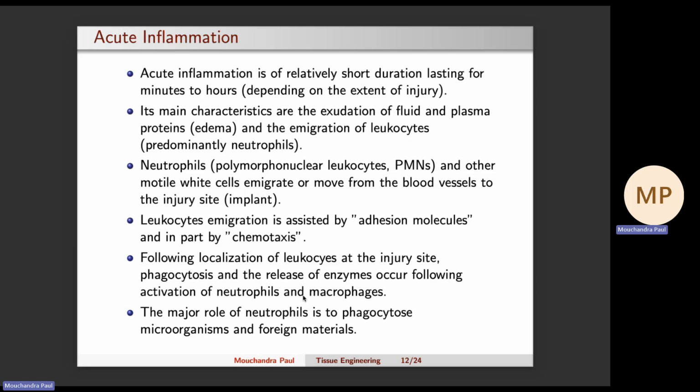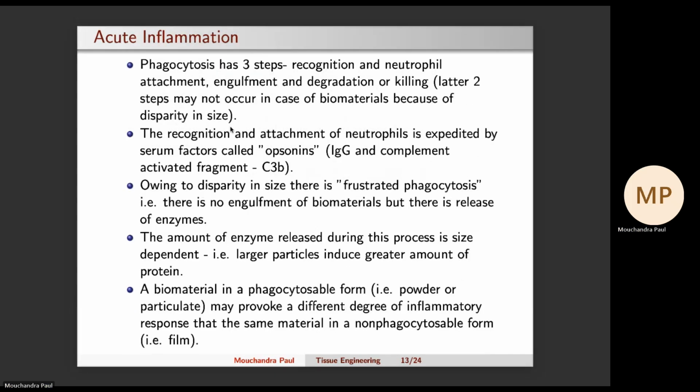Phagocytosis is basically achieved by cells like neutrophils and macrophages. The major role of neutrophils is to phagocytose microorganisms and foreign materials. We have discussed the steps in phagocytosis, but once again, for completeness of this topic: the first step is recognition that the thing inside our body is foreign.